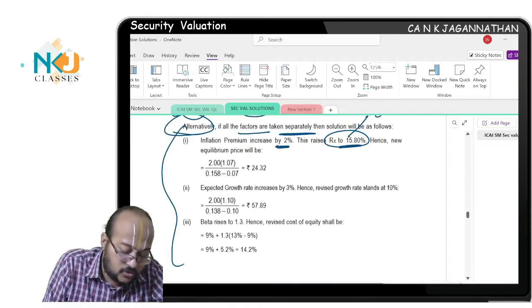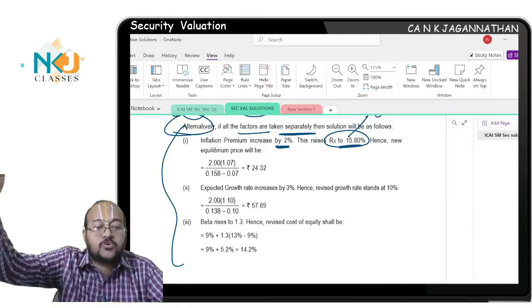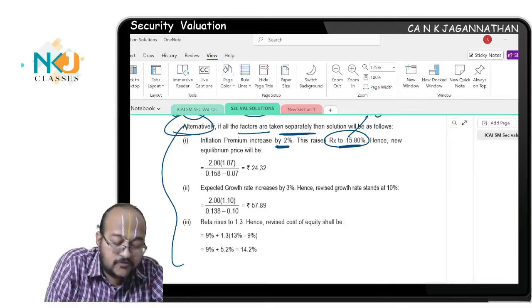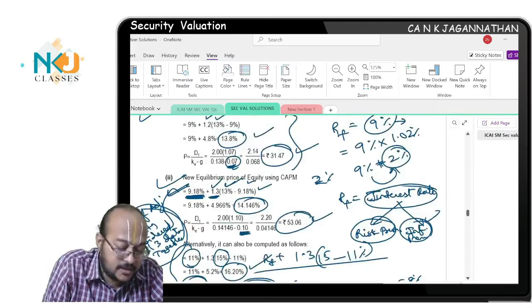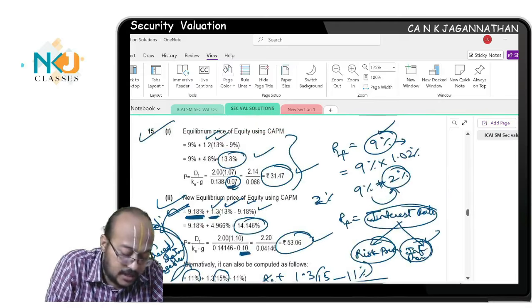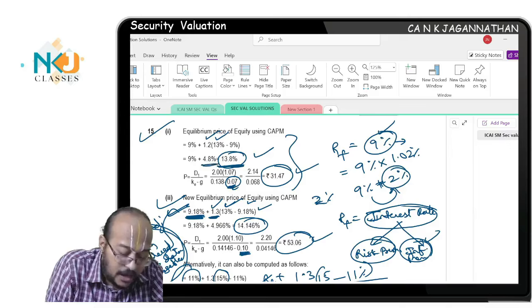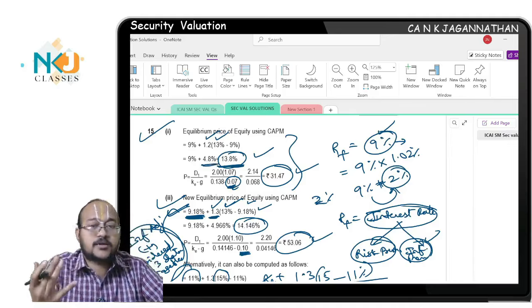I told you, this is the original, what the institute earlier used to give in their module. This is not the newly added thing. There what they have done, inflation 2%. Now RF simply you add, without adding all this, if you add RF, you will get the total value as 13.8, wherein they will not add RM. Are you understanding the confusion?